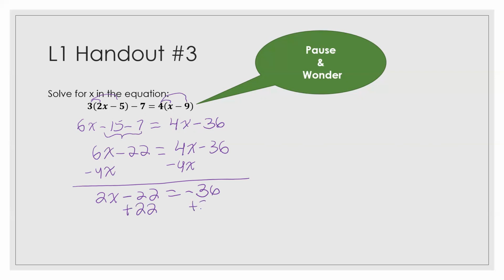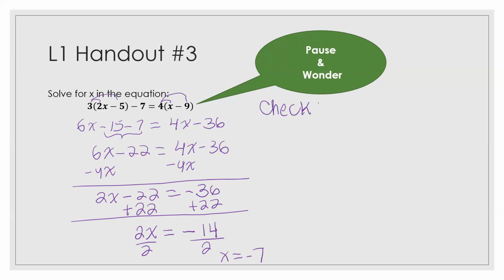So add 22 to both sides, and 2x will equal negative 36 plus 22, which is negative 14, divided by 2. x is negative 7.